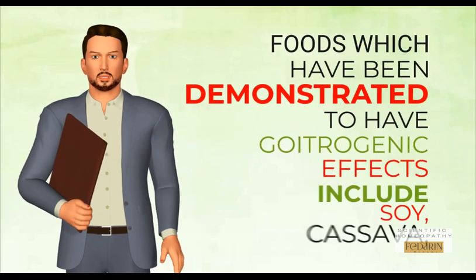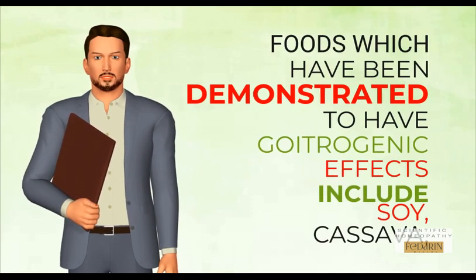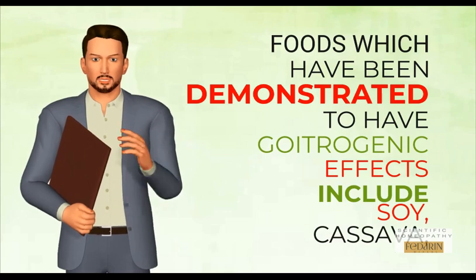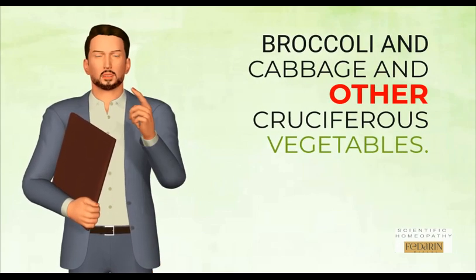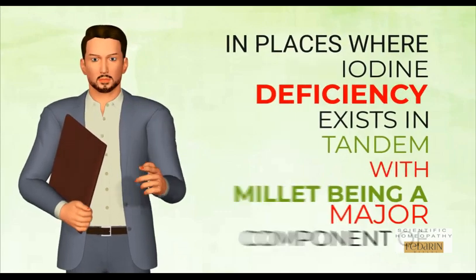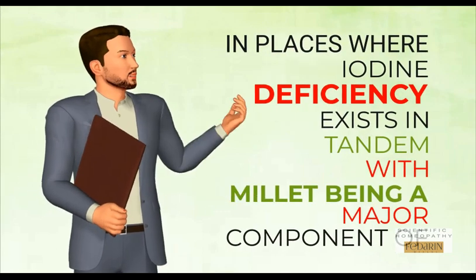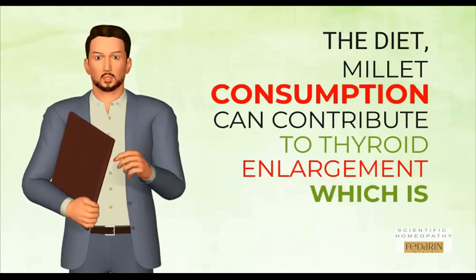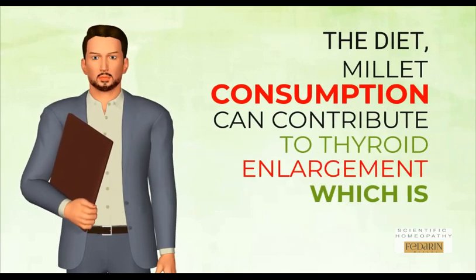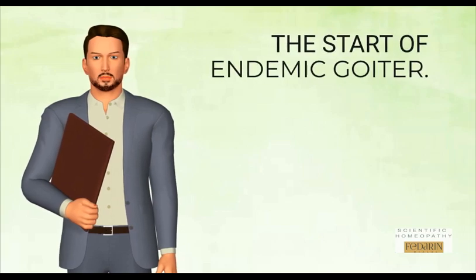Foods which have been demonstrated to have goitrogenic effects include soy, cassava, brassica, broccoli and cabbage and other cruciferous vegetables. In places where iodine deficiency exists in tandem with millet being a major component of the diet, millet consumption can contribute to thyroid enlargement, which is the start of endemic goiter.